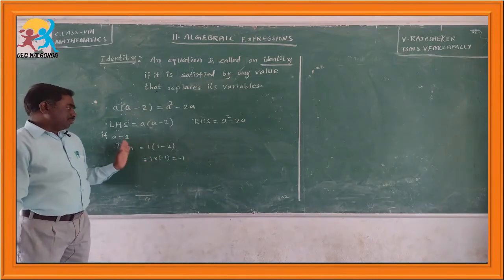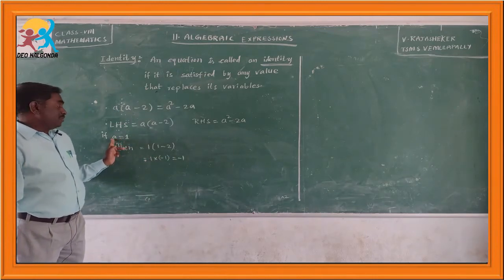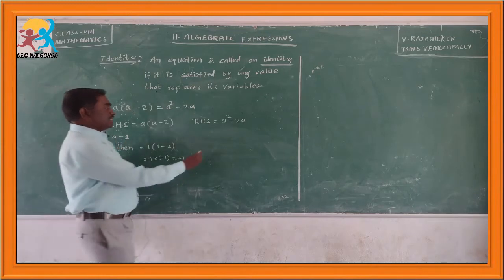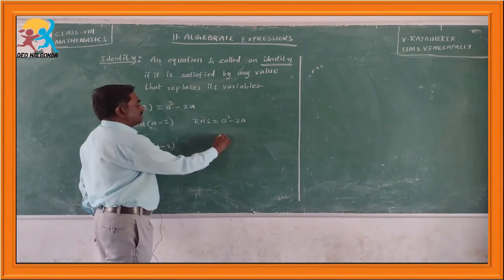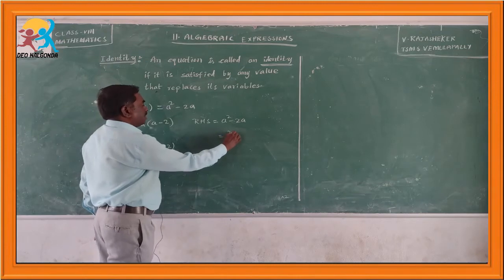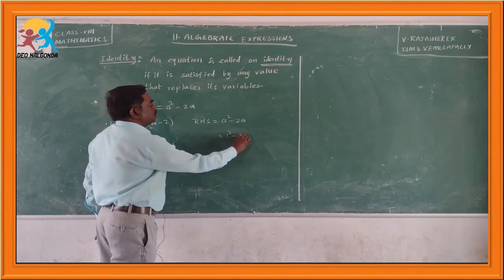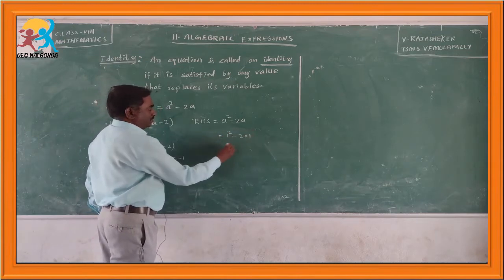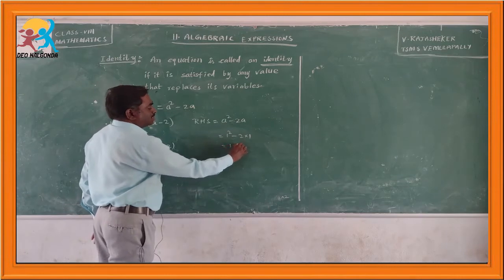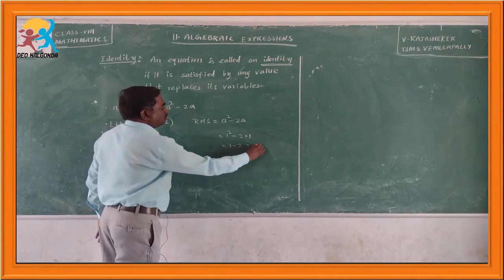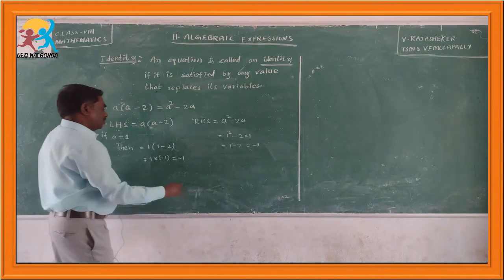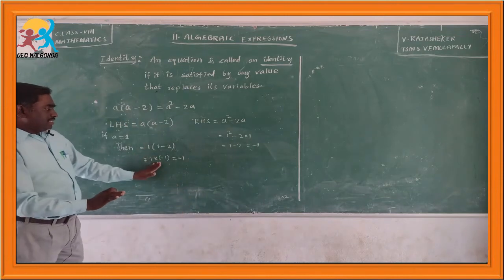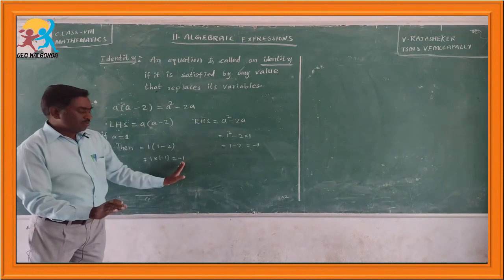LHS is equal to minus 1 when we take the value a is equal to 1. Let us consider RHS: 1 square minus 2 into 1, that means 1 minus 2 is equal to minus 1. Here we got LHS and RHS the same.